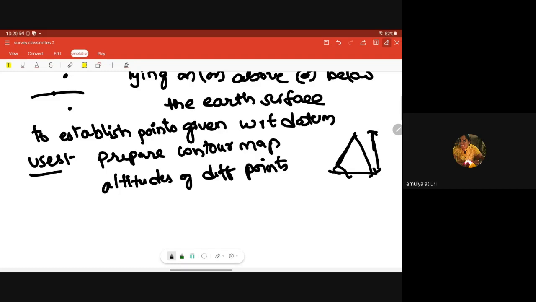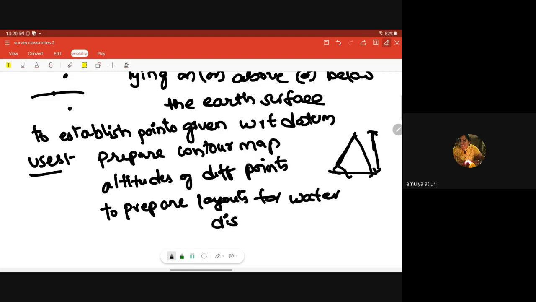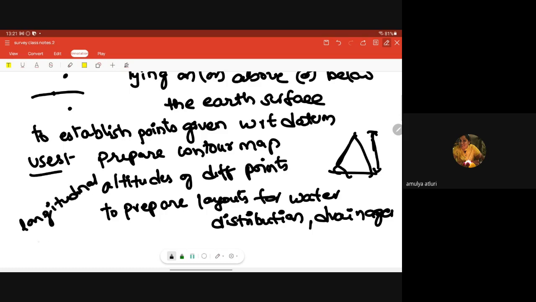And next, to prepare layouts for water distribution, drainages, etc. And to prepare longitudinal sections and cross sections of projects.